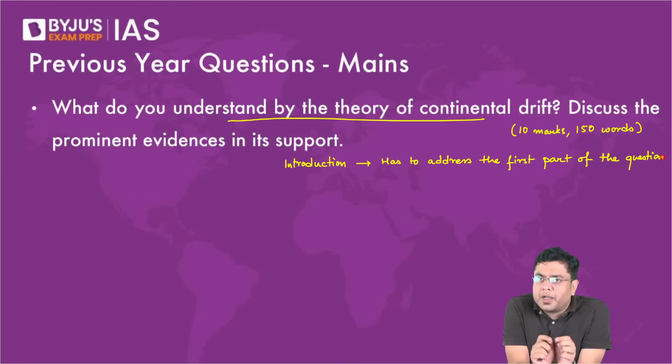But for a 10 marker question, your introduction should be restricted to around 20 to 25 at the max. Okay. Ideally, it should be around 20 to 25 words. So that is where you write that Wegener basically postulated his theory based upon a certain set of evidences.